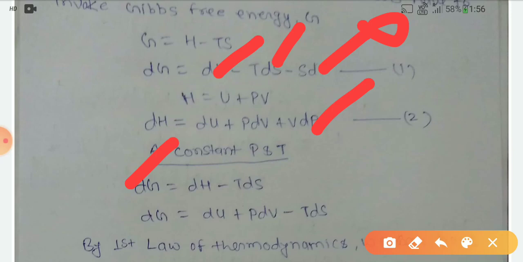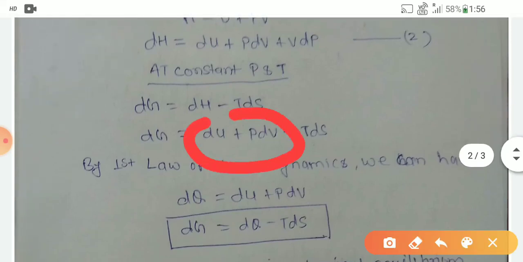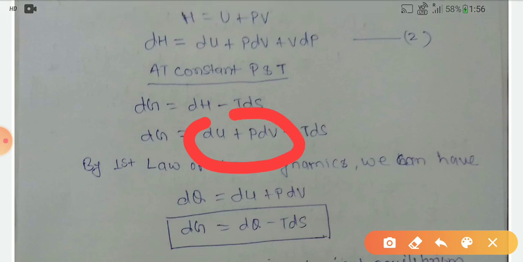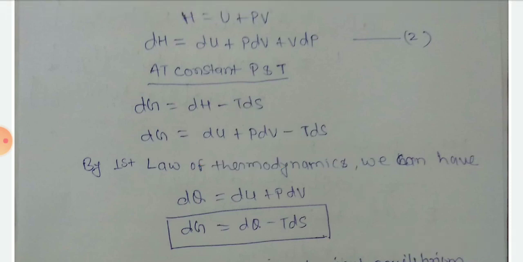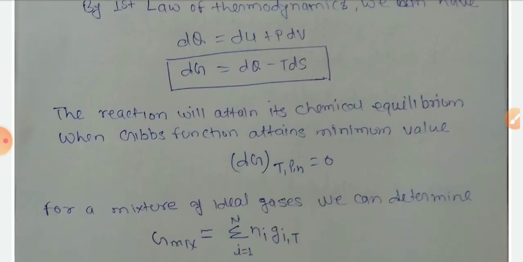Put this value in the equation: dG equals dU plus P dV minus T dS. From the first law of thermodynamics, dq equals dU plus P dV, so you can put dq there. So dG equals dq minus T dS. This reaction will attain its chemical equilibrium when the Gibbs function attains its minimum value. So at constant pressure and temperature, dG equals 0 at the minimum value.